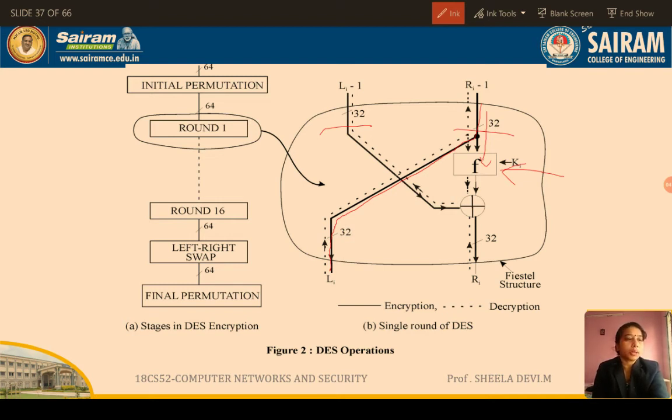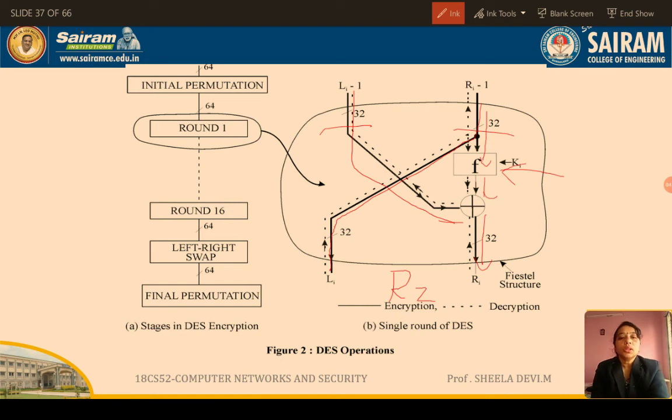I'll explain what mathematical operations go on in the function. The input for the function is 2 things, that is the rightmost bits and the key. After applying some operations, the output is XORed with the leftmost 32 bits, and this output will be sent as the rightmost 32 bits for round 2.